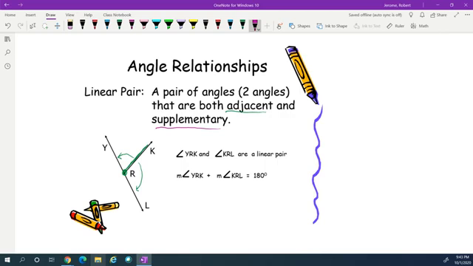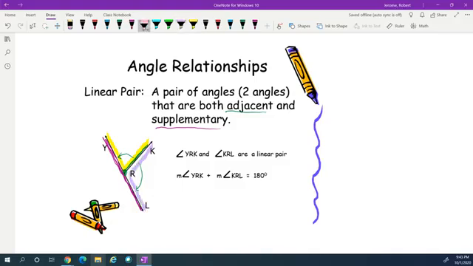A straight angle is 180 degrees. So together, these make the straight angle YRL. So we can do some angle addition, but we could also say these are a linear pair. So again, the two small angles here are adjacent and supplementary.